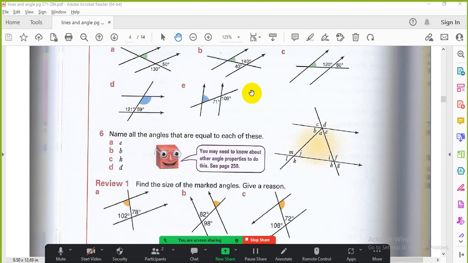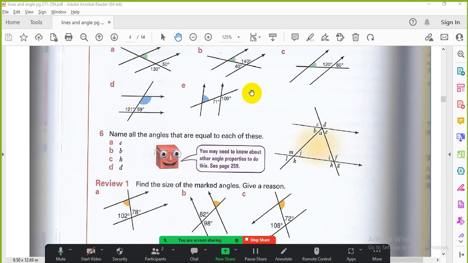Okay, right. Letter B equal, we can take L and J. L is corresponding, write down L corresponding, J is alternate, that Z shape, so it's also equal to B. D we can't take. Right.